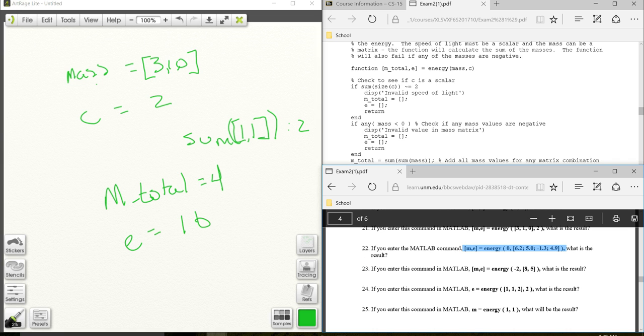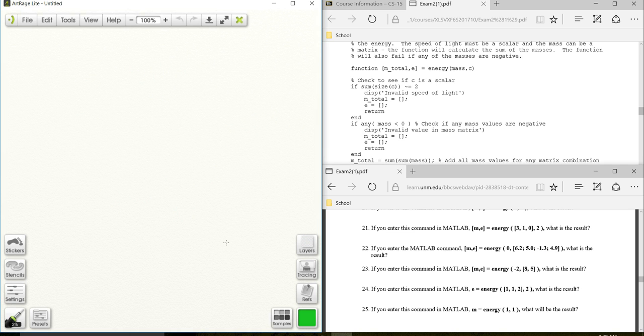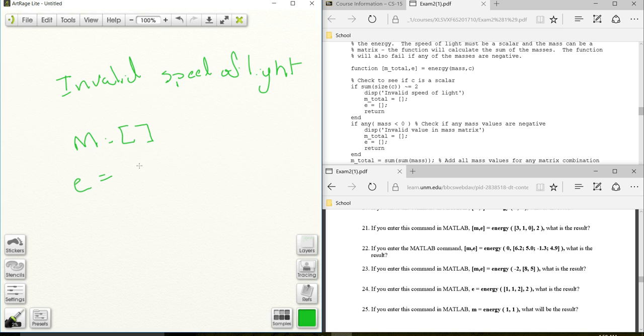And so what's going to return? Well, if we come over to the notepad, we could see that it's going to say invalid speed of light. We have our matrix M, and that's going to be an empty matrix or an open bracket, and E is also going to be an open bracket.